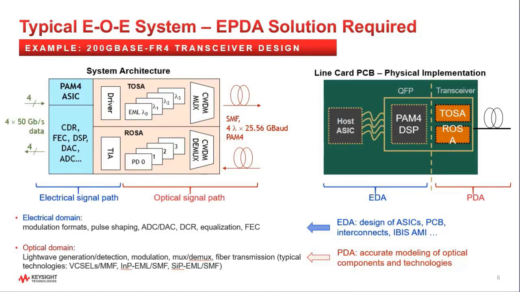Here is an example that I want to use to understand a typical EOE system. The picture to the left shows the system architecture of the EOE system. The picture to the right shows the physical implementation of that system. As you can see from these pictures, it combines two different domains, one electrical part and the other optical part.